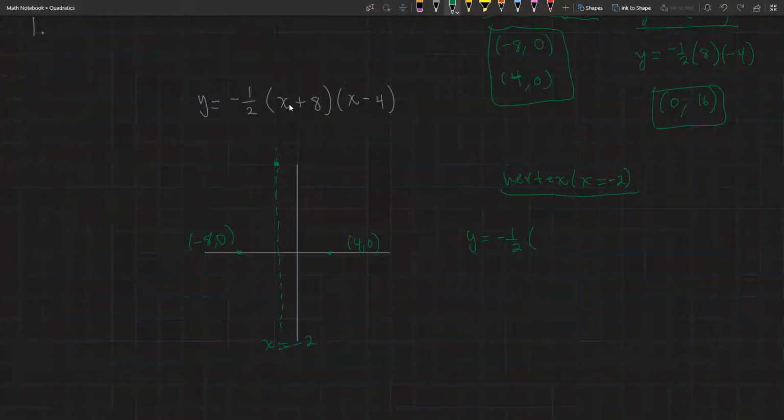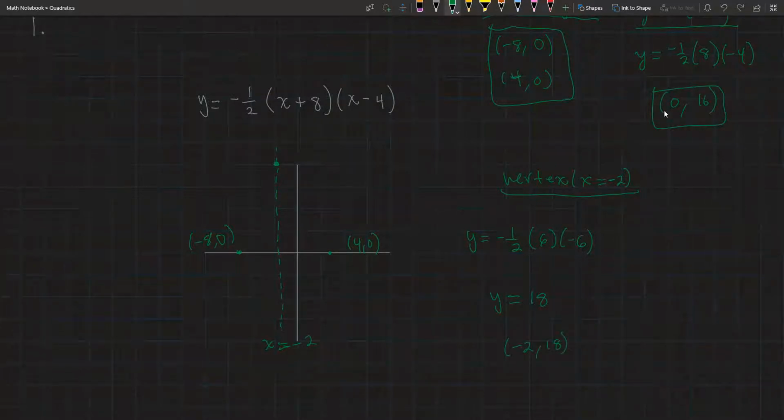What is -2 plus 8? It is 6. And what is -2 minus 4? It is -6. So hopefully you can simplify that quickly and realize that it's a positive y value, and it is 18. So the point should be written as (-2, 18).